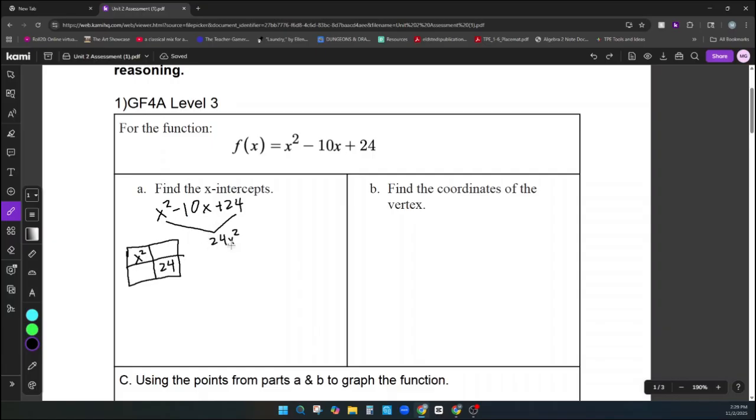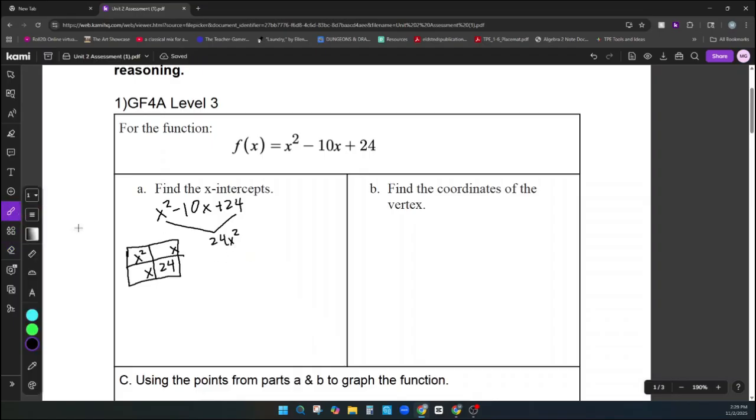So the way that we do that is by looking at each component. There's only one way to break up x squared, that being x and x. So we put an x value in each box here. That deals with our x squared component.